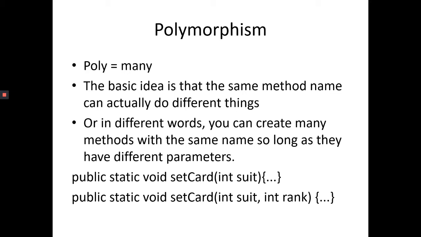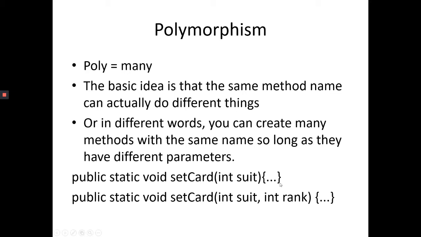Now, this is not a new concept for you. The name is new, but you guys have seen this time and time again. Print line. When you go to print line, you can print line with an integer, you can print line with a string, you can print line with a double, you can put all sorts of stuff in there using the same method name. And that is the concept of polymorphism.